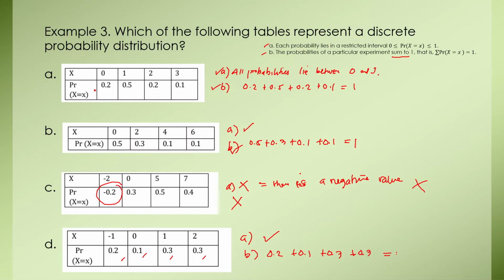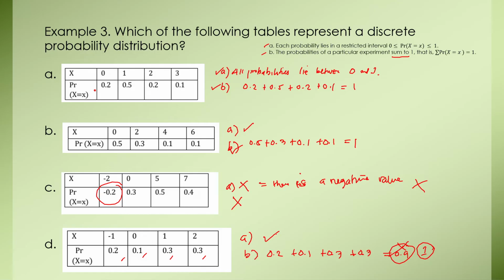The result of this is 0.9. So it does not meet the second condition that it should sum up to 1. So therefore, this would not represent a discrete probability distribution.